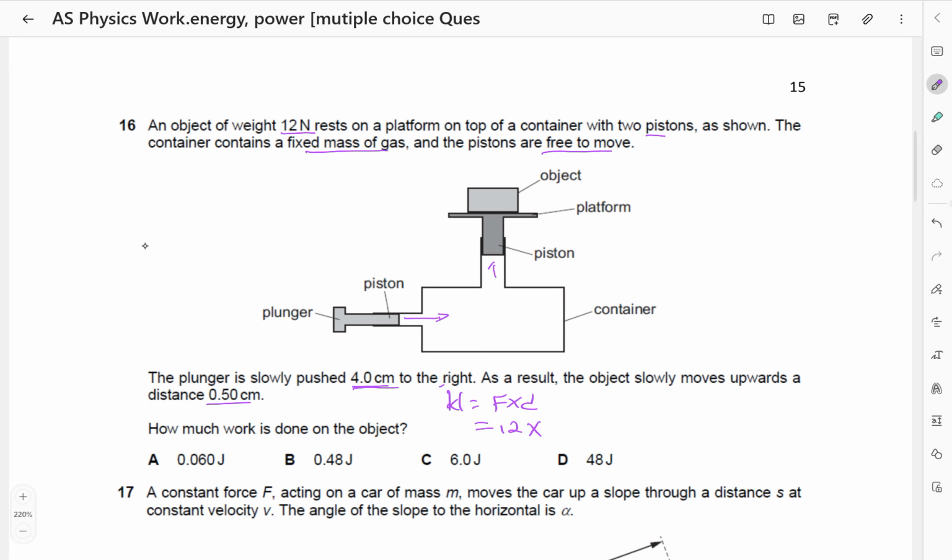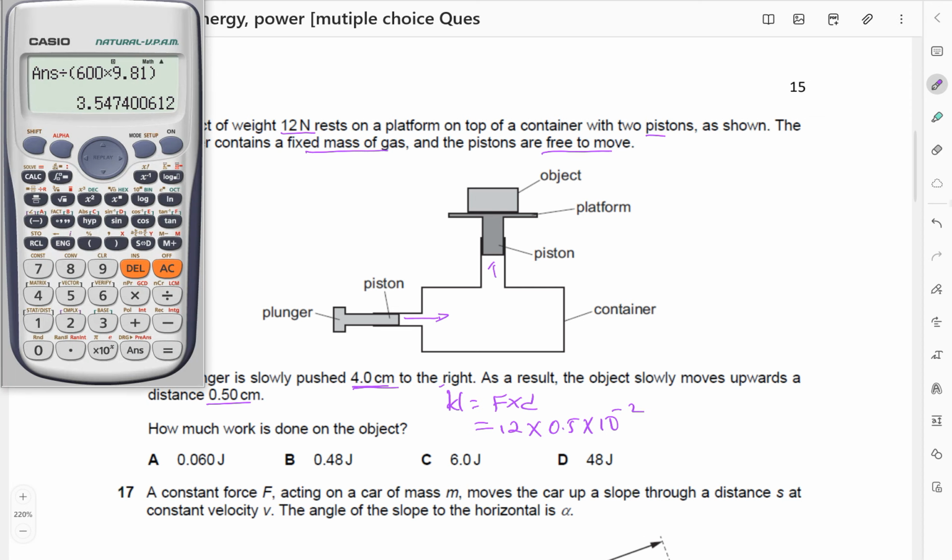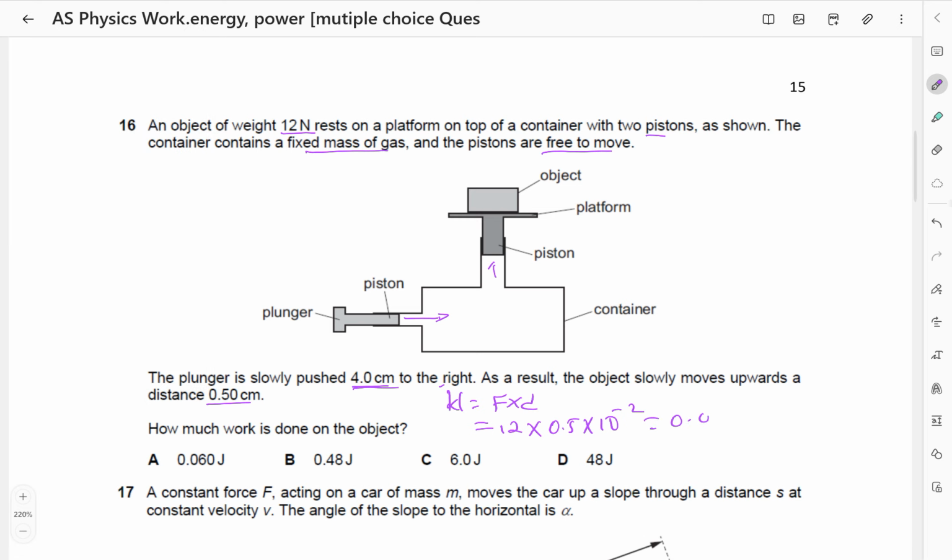So the distance here is 0.5 times 10 to the power negative 2. When I press my calculator, 12 times 0.5 times 10 to the power negative 2 gives me 0.06. So this is 0.06 joules. So the answer is going to be A.